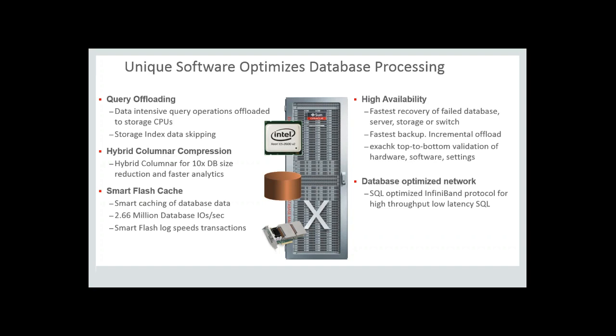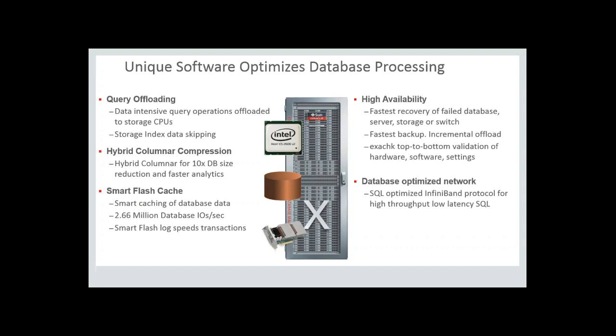In case of Exadata, what Oracle says is that the storage is not dumb. When we say the storage is not dumb, what does it mean? If you remember, I discussed the number of cores in the storage, around 16 cores per storage server.